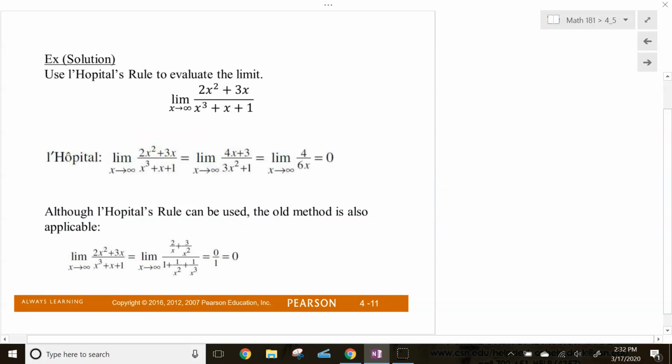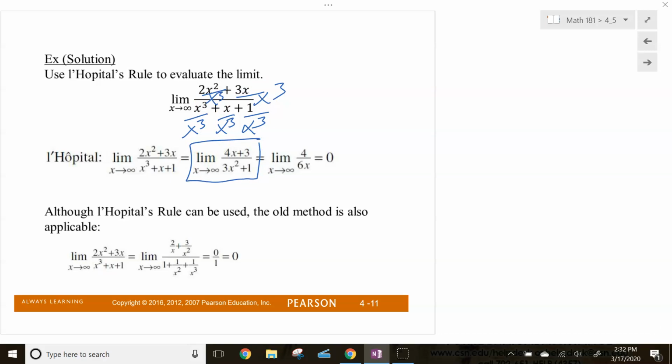Now here it is, if we divided everything by x cubed, then we end up right here. I'm sorry, where are we at? Right here. And you notice that goes to 0, that goes to 0, that goes to 0, that goes to 0.